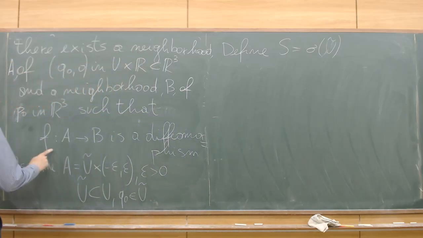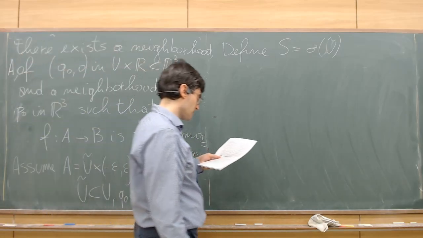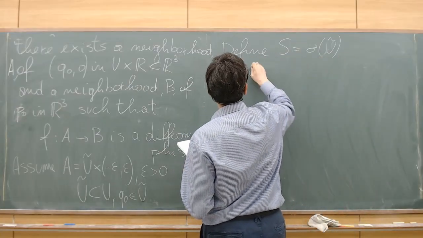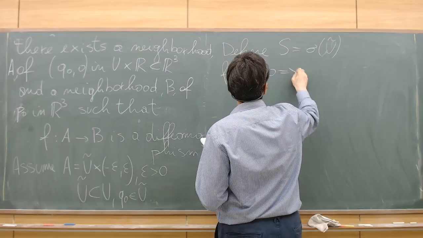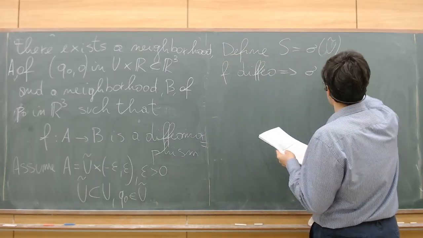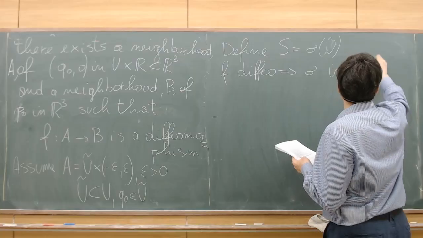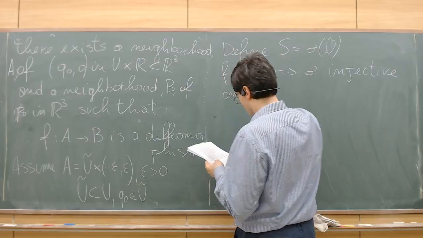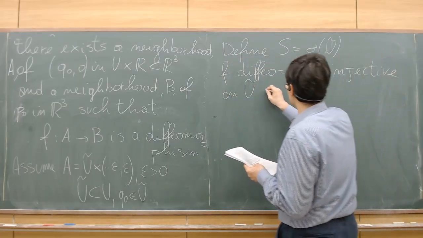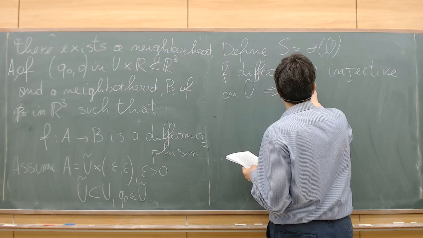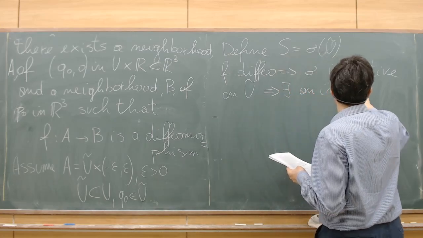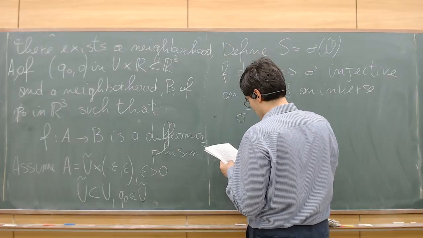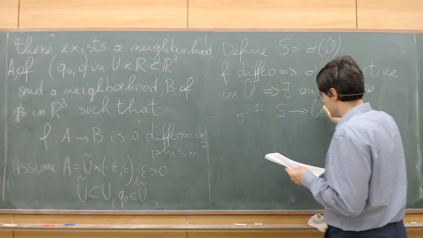Since F is a diffeomorphism, F diffeomorphism implies sigma injective on U tilde, and this implies that there exists an inverse sigma inverse from S with values in U tilde.